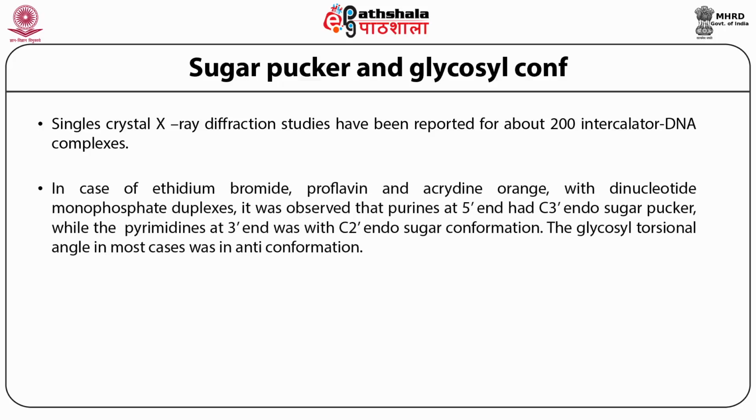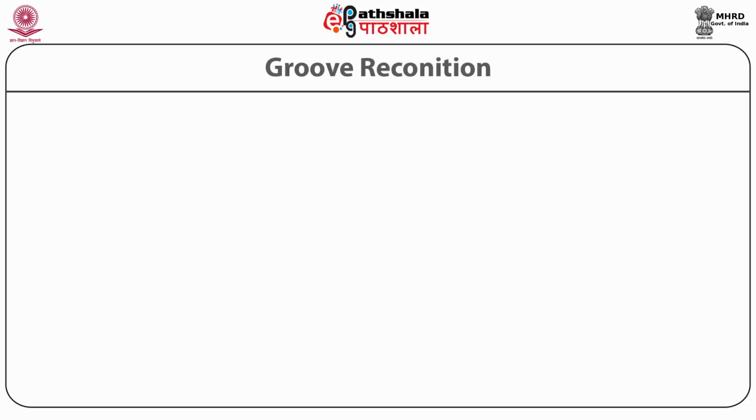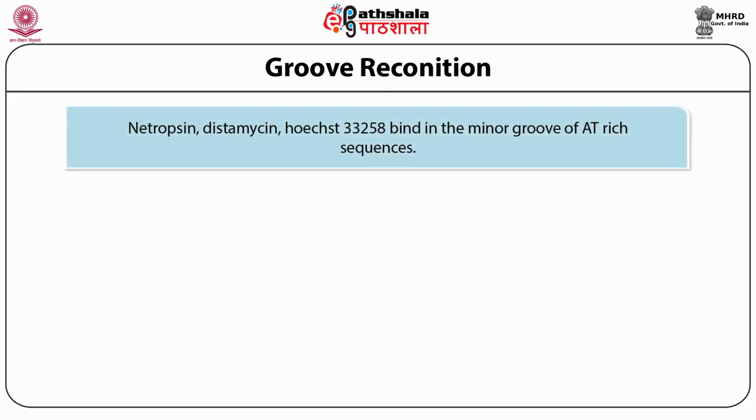In case of Ethidium Bromide, proflavine, acridine orange with dinucleotide monophosphate duplex, it was observed that purines at 5' end had C3' endo sugar pucker, while pyrimidines at 3' end were with C2' endo conformation. The glycosyl torsion angle in most cases was anti conformation.